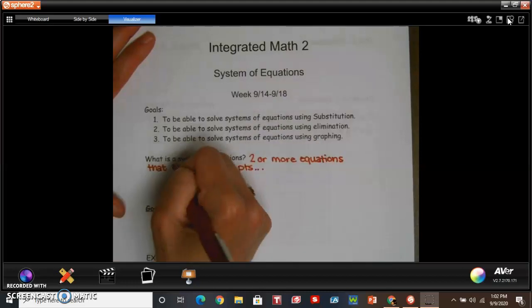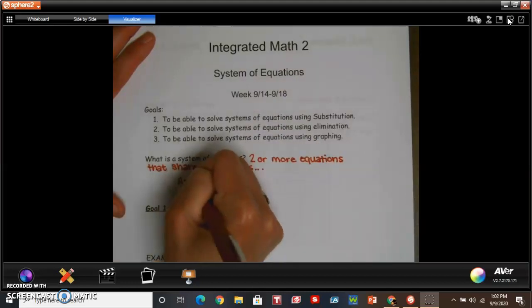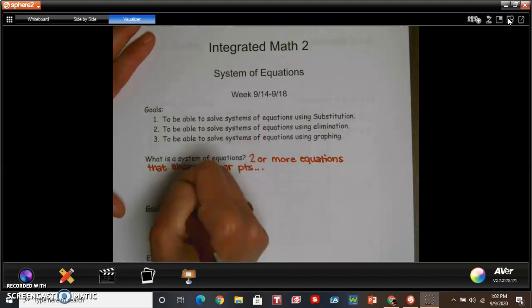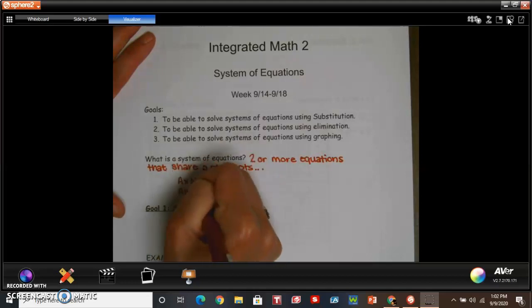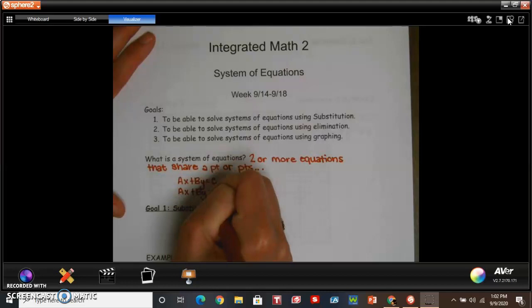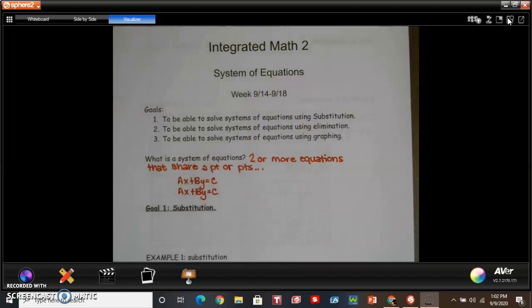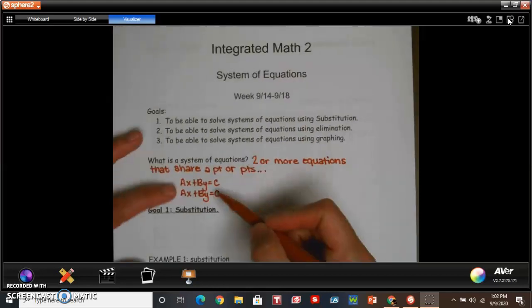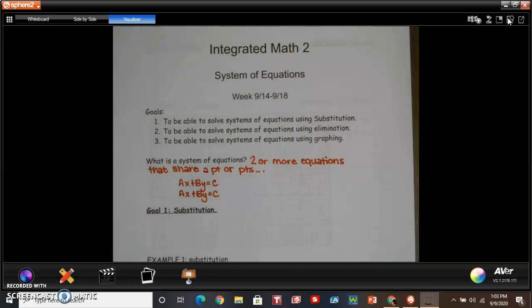Usually it looks a little something like this. Along those lines. Both of those are in standard form. So whenever you have 2 equations and you're told to solve the system, what you're trying to do is find that point or points that those 2 equations are sharing.